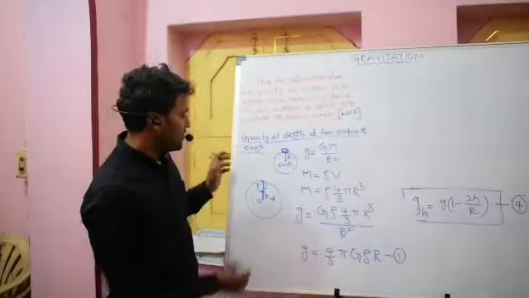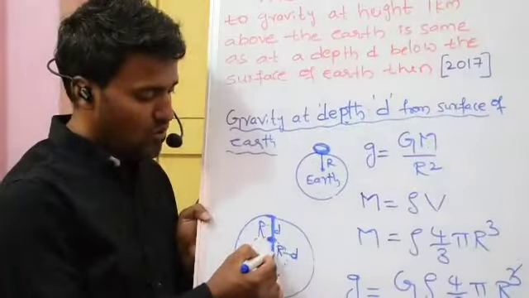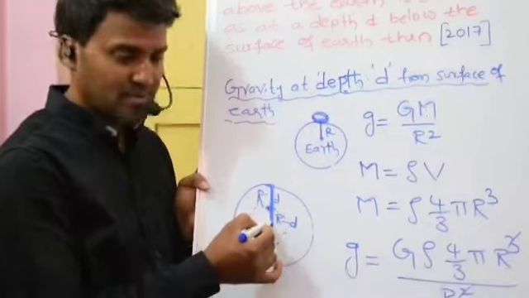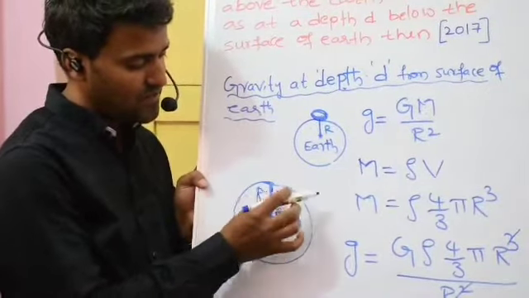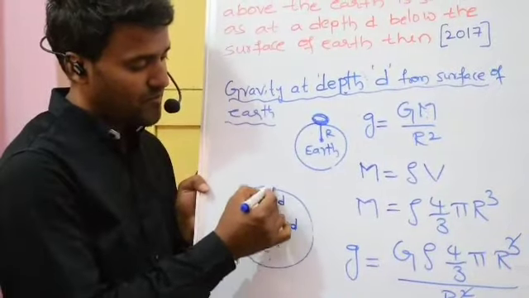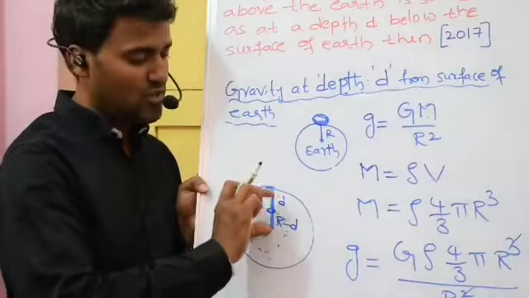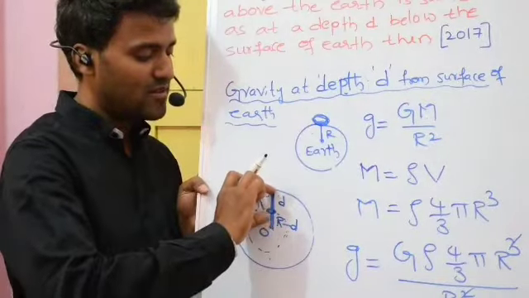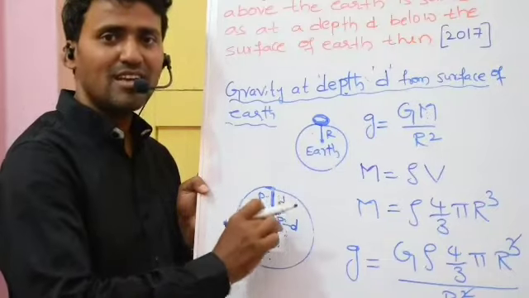Next one, when the object is placed at a depth d, see here, this is the total radius of the earth, and now the object is placed at a depth d from the surface. Now what about the remaining portion? The distance is r minus d. Total distance is r. This distance is d. The remaining distance is r minus d.